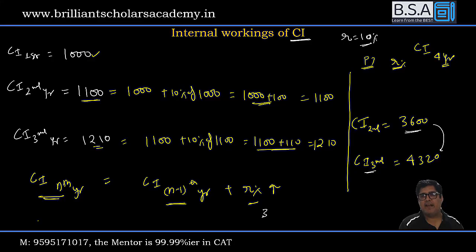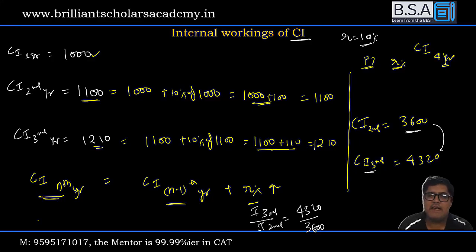You simply divide the third year interest by second year. Just divide both. What value do you guys get? What is the ratio that you guys are getting? What decimal are you guys getting?